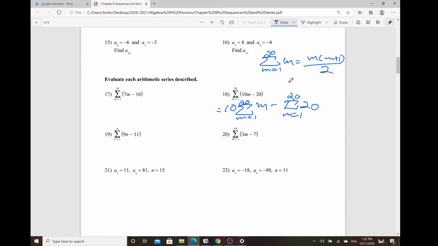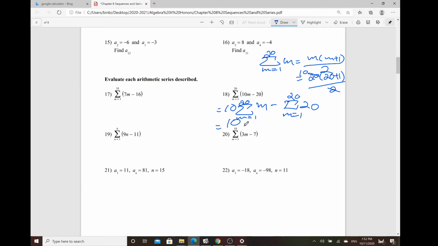For this part right here, n is 20. So 20 times 20 plus 1 over 2. We can find the sum of this one first. 20 times 21, 20 divided by 2 is 10, and 21 times 10 is 210. So for this sum, 210.